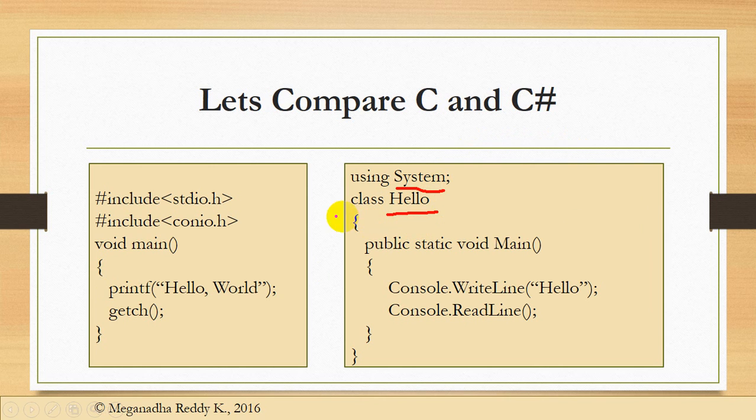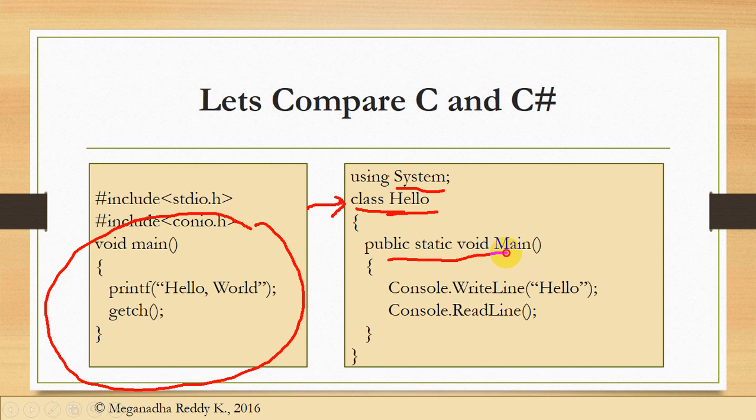Hello is my class which I am writing, and everything you normally write in C# is inside a class. So unlike procedure oriented languages, you write everything inside a class, and I'm writing here public static void Main, and I'm reusing the WriteLine method which is provided by Microsoft. System is a namespace, Console is a class, WriteLine is a method, and I'm passing hello which will be printed.